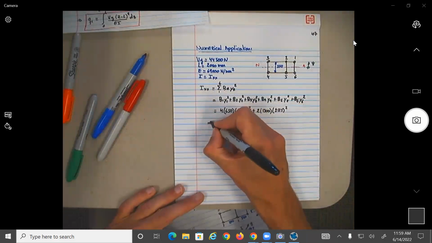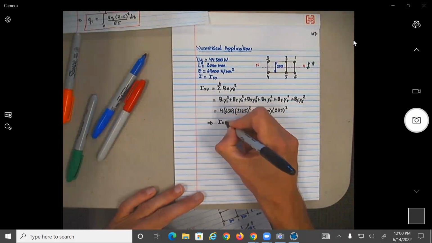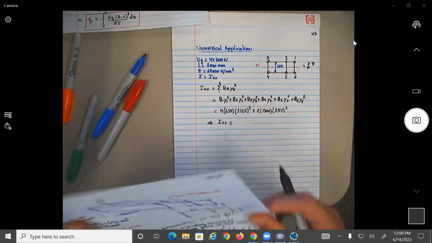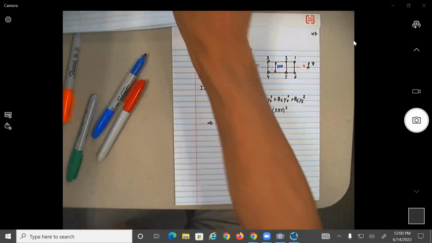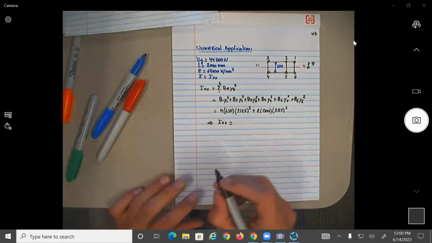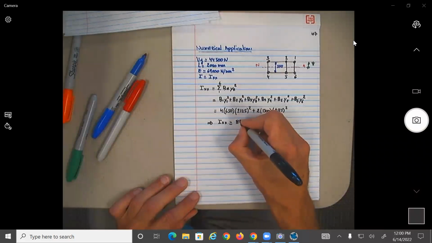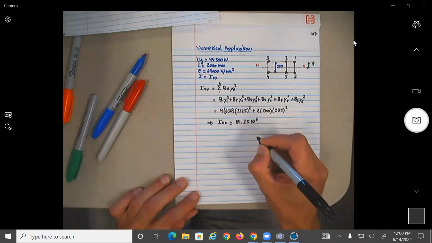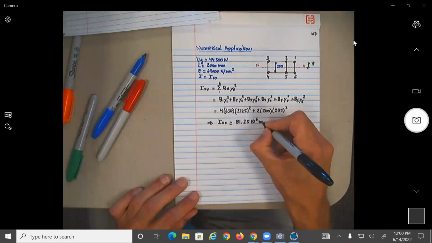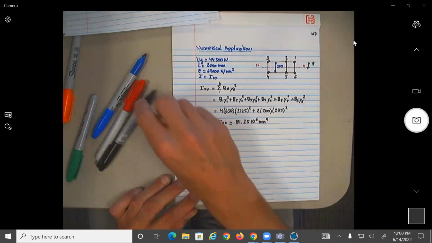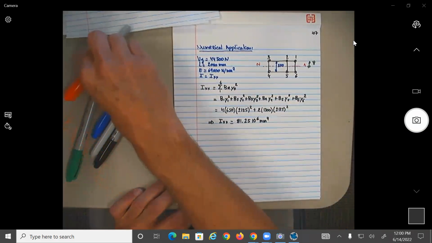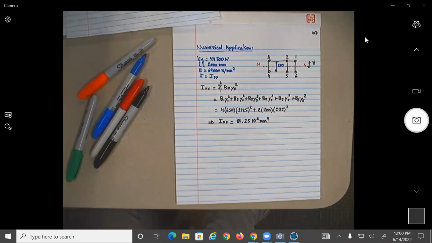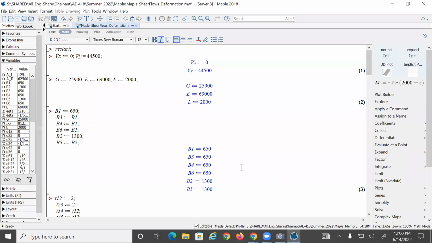So if you do this, I can give you the result. If I remember properly, I think it's 81.25 times 10 to the 6 millimeters to the 4.